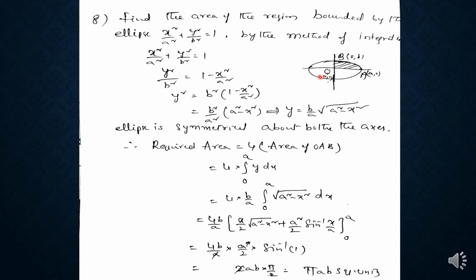Now to find the total area of the ellipse, by the symmetry these four parts of the ellipse are equal, so we are finding the area bounded by the curve in the first quadrant.